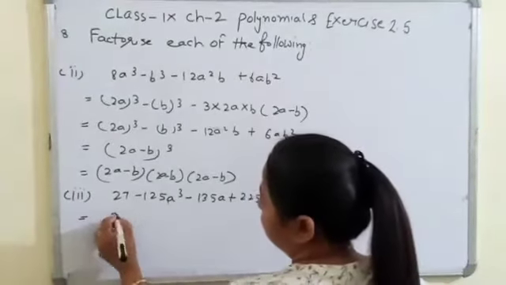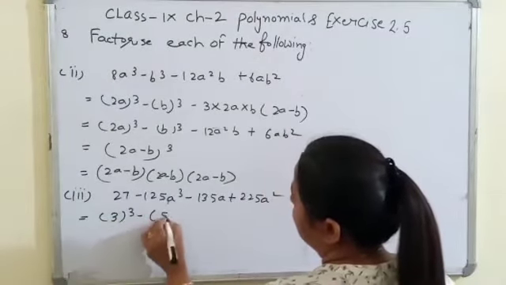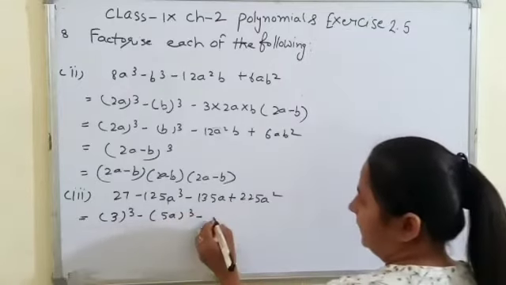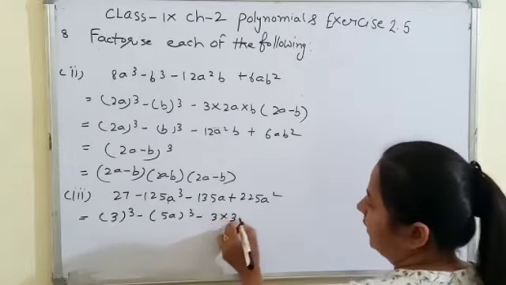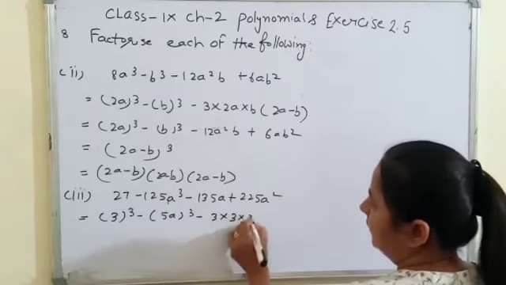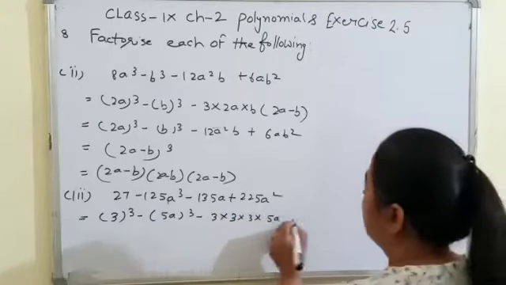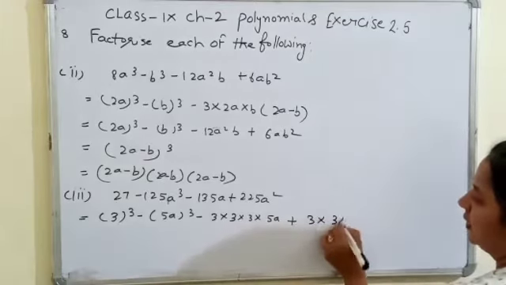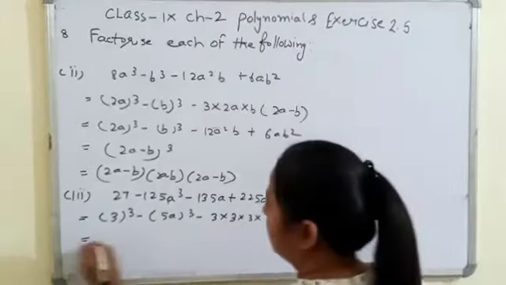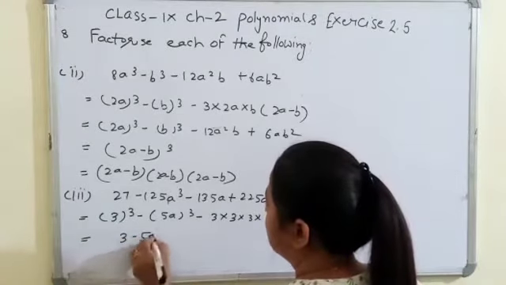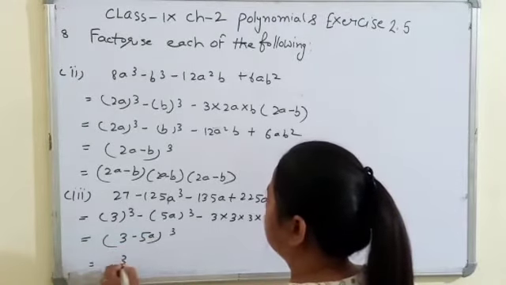So let's write a cube minus b cube minus 3a square b and 3a b square. So this is a minus b whole cube.